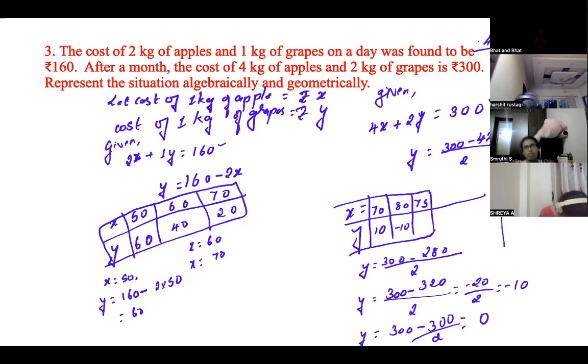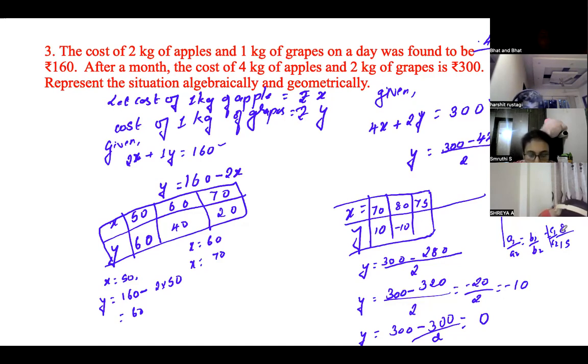So C1 by C2 will be 160 divided by 300. If you divide by 2, 2 8s are 16 and 2 15s are 30. So it is 8 by 15. So A1 by A2 is equal to B1 by B2, which is not equal to C1 by C2, correct? So therefore, which type of lines are they now? They are parallel lines. Got it?